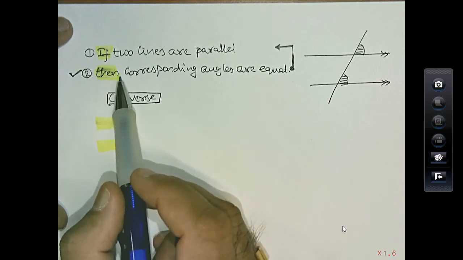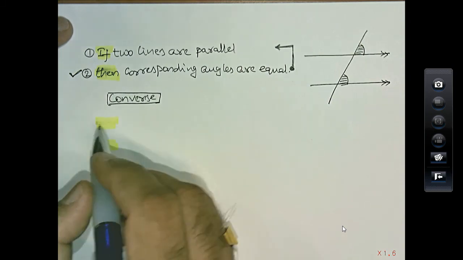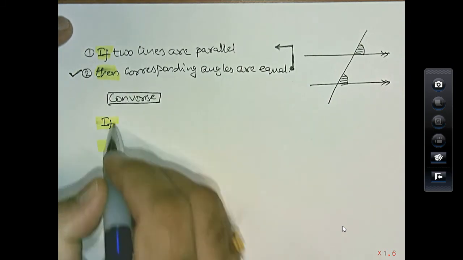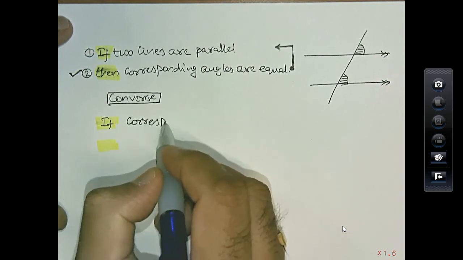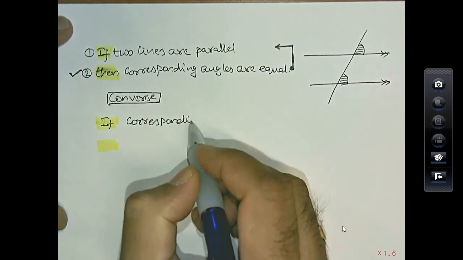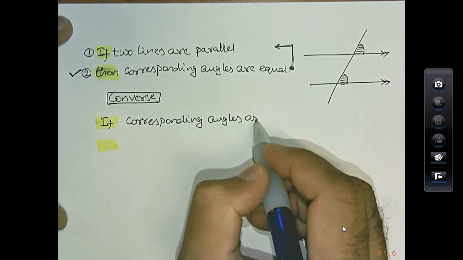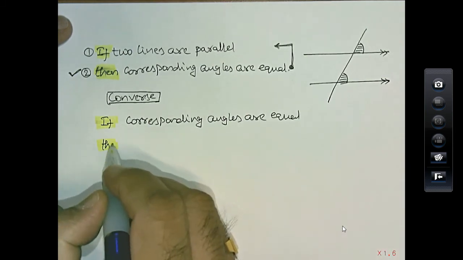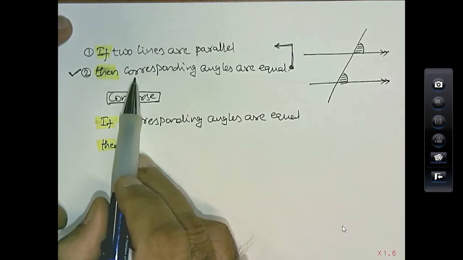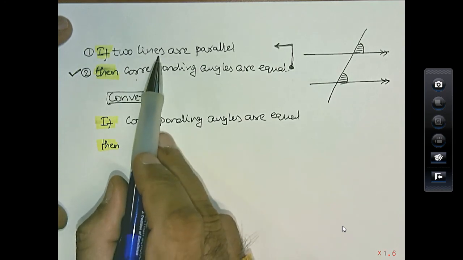If I take the second part of the statement first, which means if corresponding angles are equal, then, now I copied the second part of the statement, then I'm going to the first part of the statement.